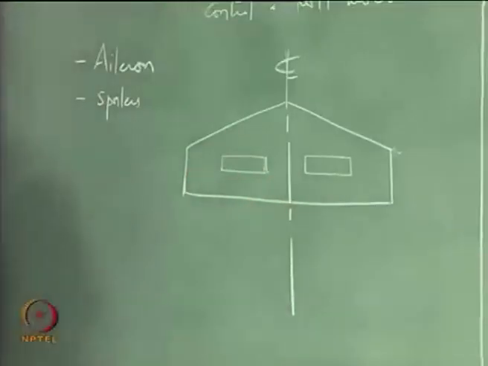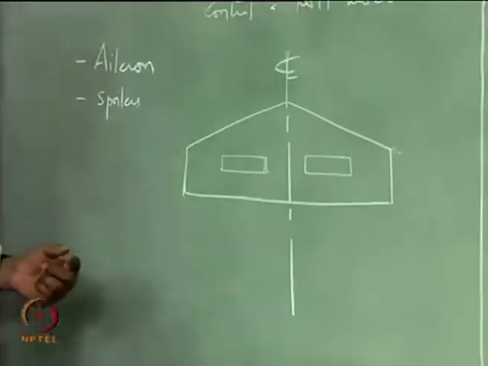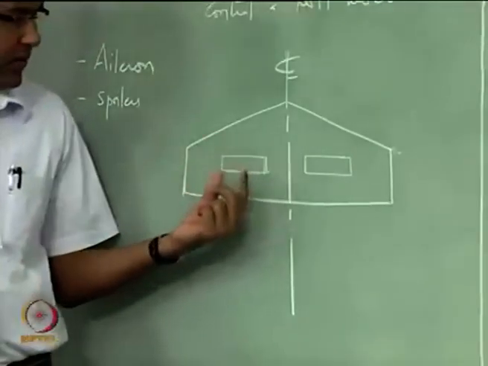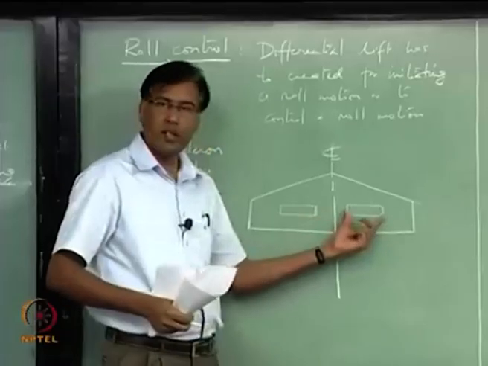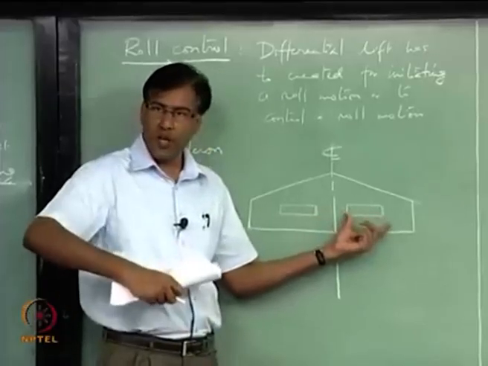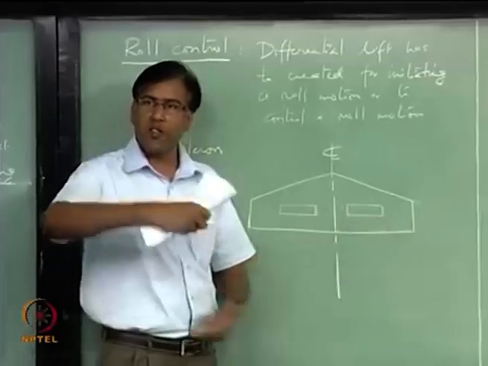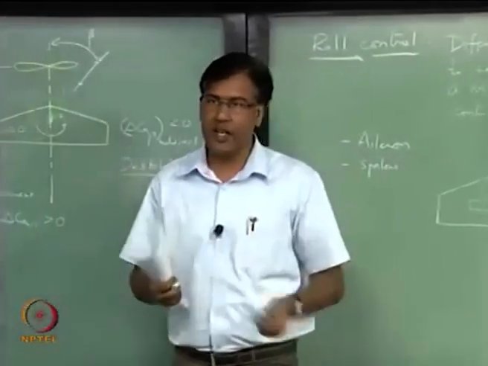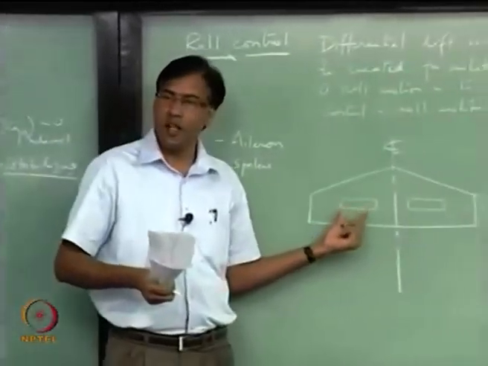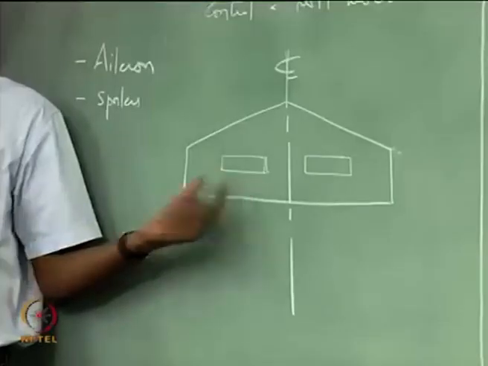It cannot go down, it can only move up. It is on the top surface of the wing. So, you can deflect one of the spoilers, and that is going to change the lift. So, differential lift is created even though the other is in the neutral position, is not it.